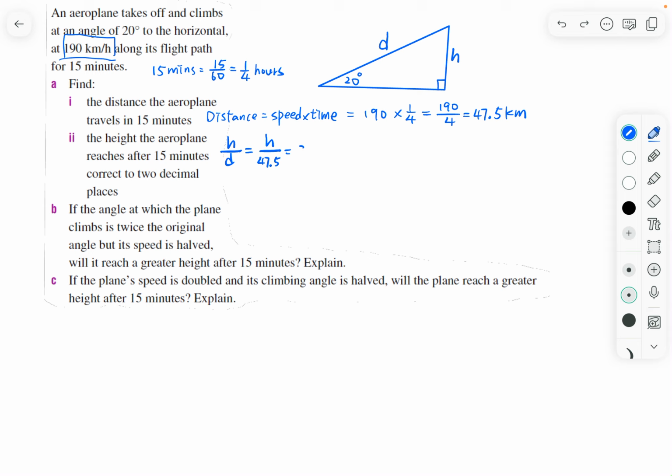Equal to sine 20 degrees. So we know height will be 47.5 times sine 20 degrees. So equal to 16.25 kilometers.